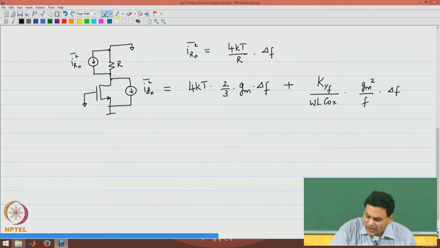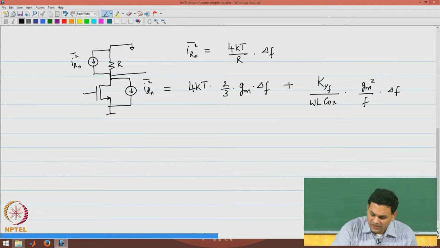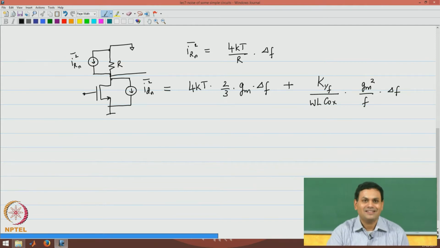Now we are required to find out the total input referred noise. In other words, if this were the input, I want to refer all these noise sources back to a set of single noise voltage and current.